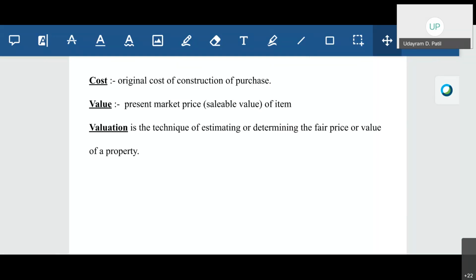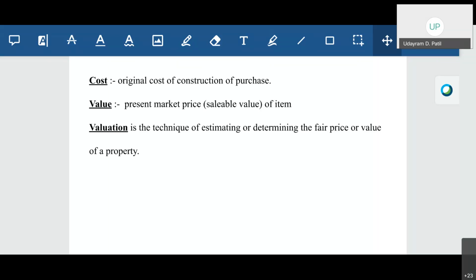Value means, whatever item you have, the current market value of that particular item, or the amount for which you can sell it. Suppose you have a mobile.